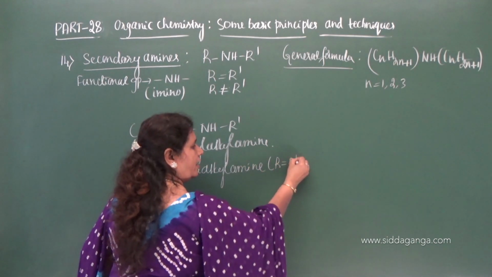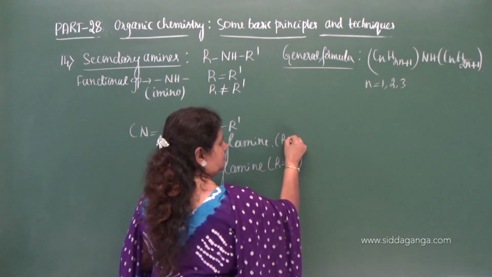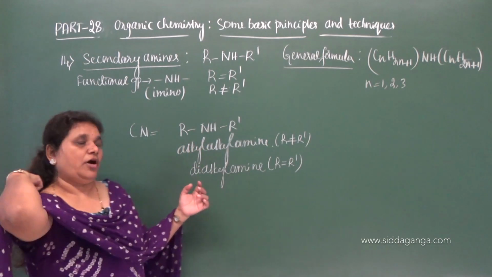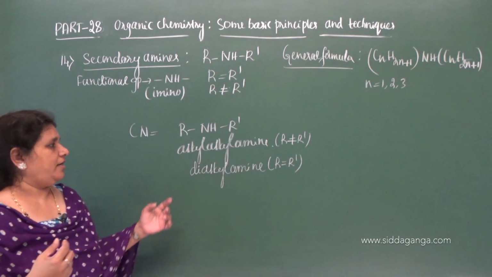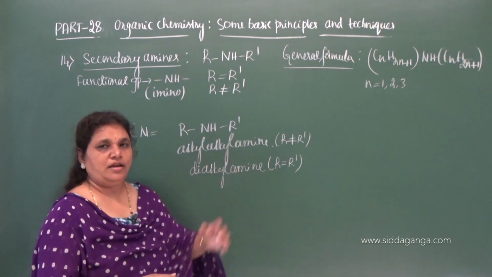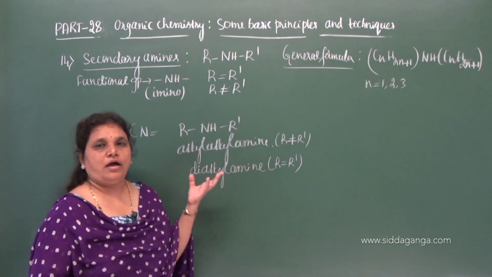When R and R dash are different, you have to give the names of the alkyl groups in alphabetical order. Alkyl, alkyl, amine. So this is the common name.